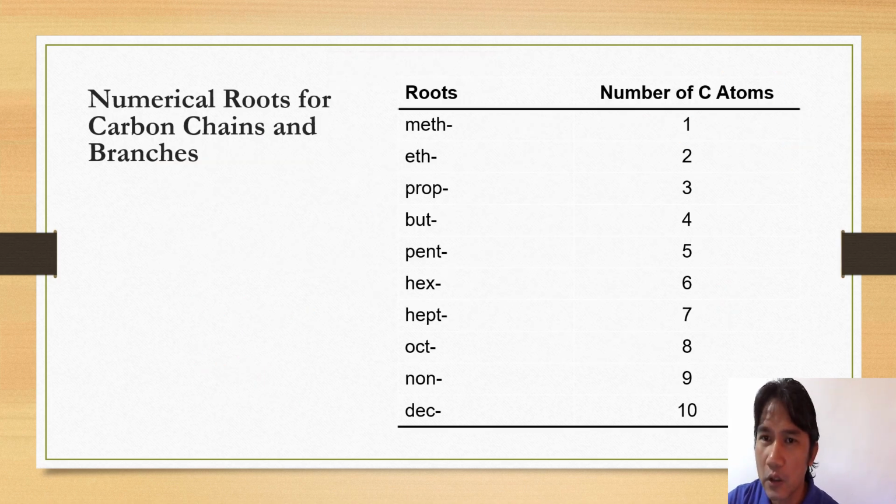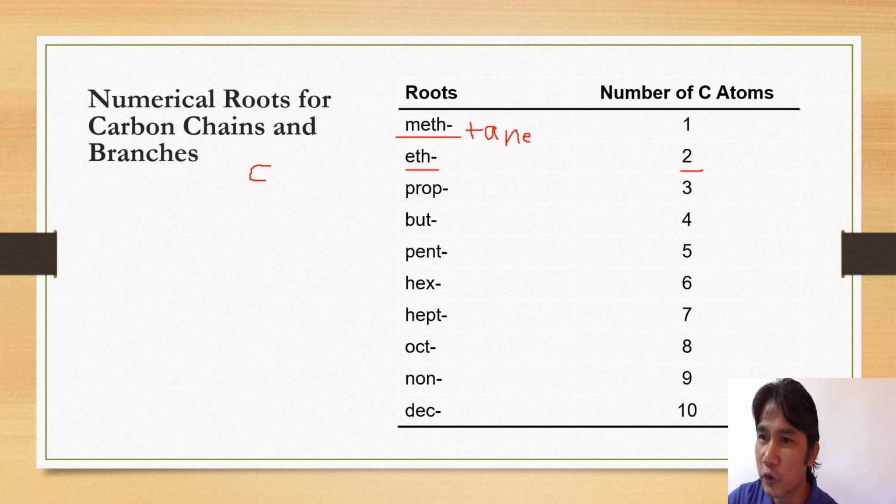Now, to name alkanes, we just have to determine the number of carbon atoms in a chain. For example, if there is only one carbon atom, the root is called met. If there are two carbons, the root is et, and so on and so forth. Then to this root, we add the letters ane from the word alkane.